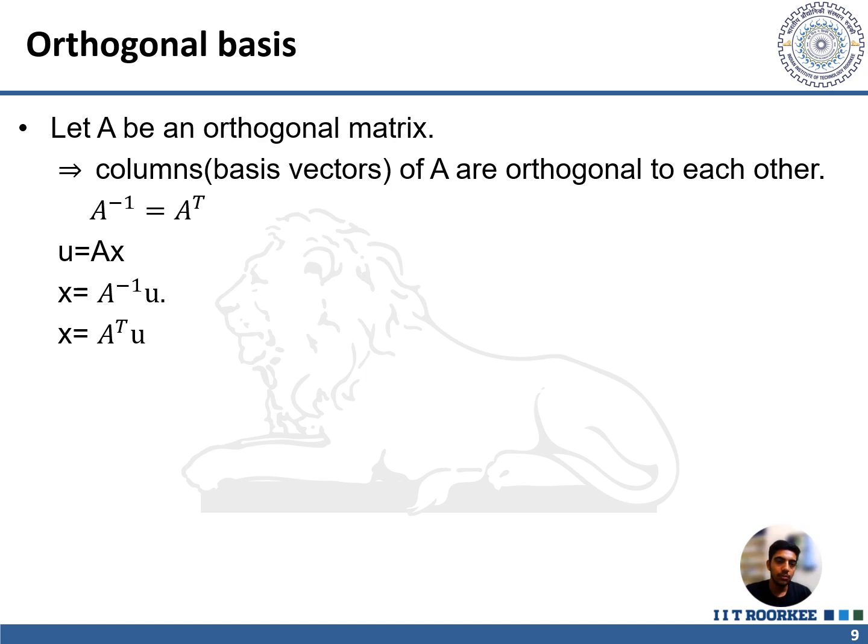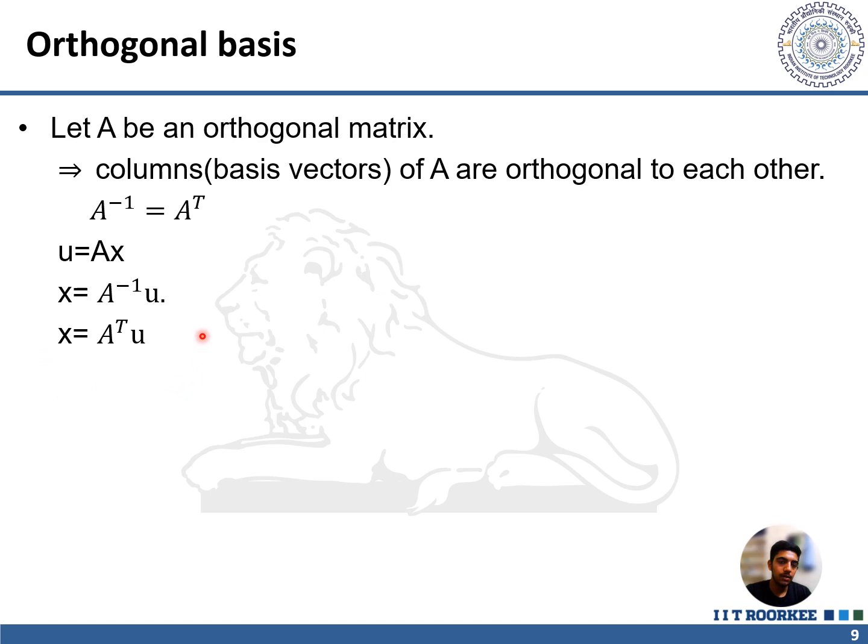The benefit of taking an orthogonal basis is that the computation of the inverse is very easy in the case of an orthogonal matrix. The transpose of the orthogonal matrix is the inverse of that matrix. So in order to find the coordinates of any vector u in an orthogonal basis matrix, let's say A, we simply multiply the transpose of the matrix with the vector whose coordinates we want to find.